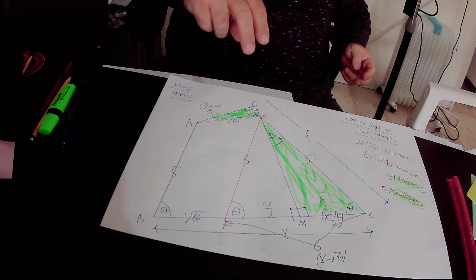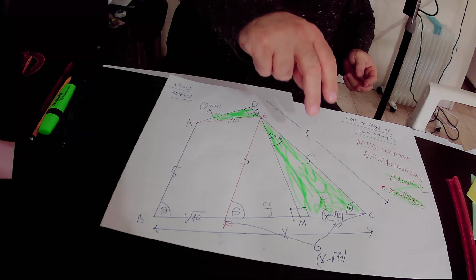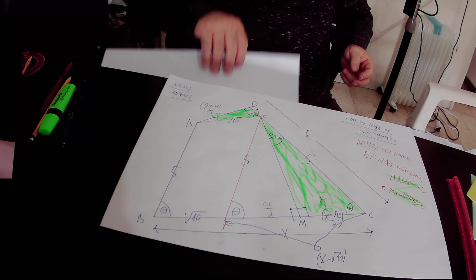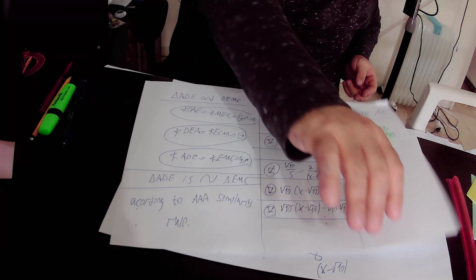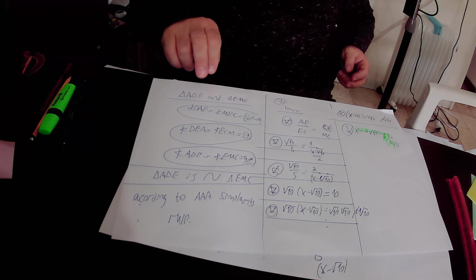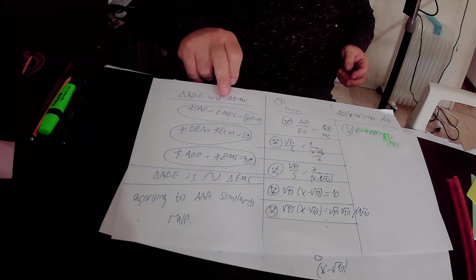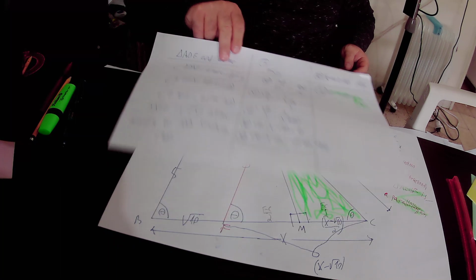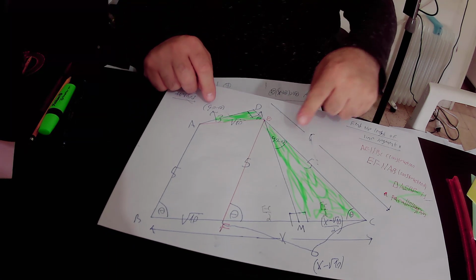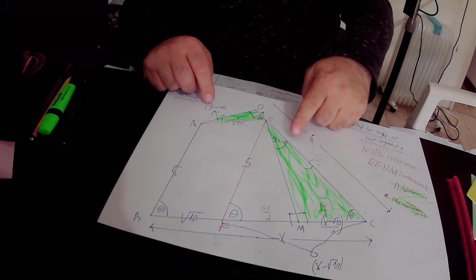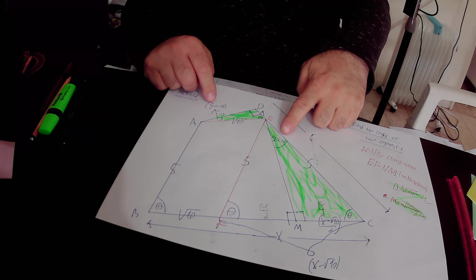So all the angles of triangle ADE equal all the angles of triangle EMC. Again, I repeat. Angle DAE equals angle EME, C equals 90 degrees. Those two angles are both equal to 90 degrees minus theta, therefore they are equal.